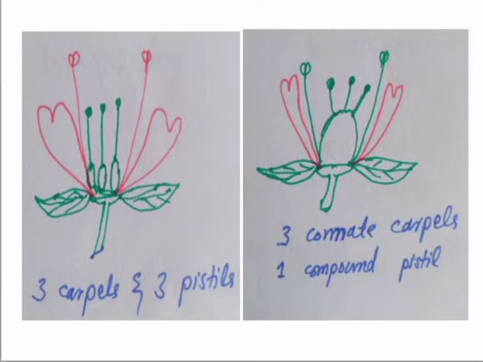So there are 3 carpels and 3 pistils. But in this case, there are 3 carpels that are not distinct or separate, but fused to each other. So in this case, there are 3 connate carpels, but a single compound pistil.